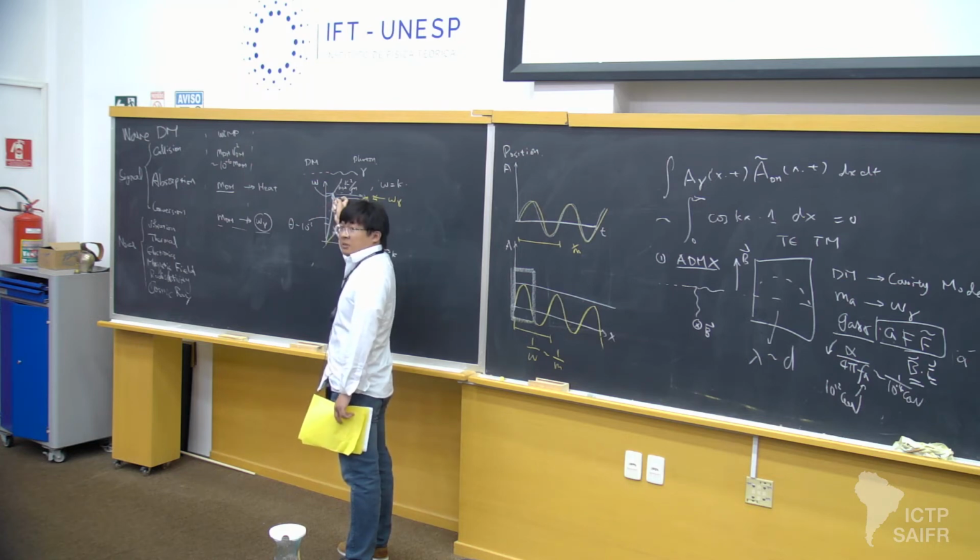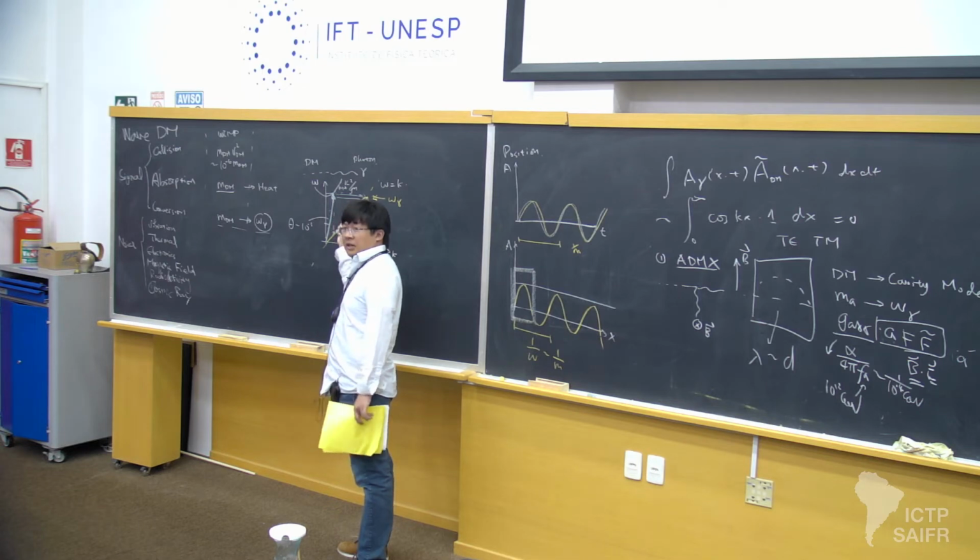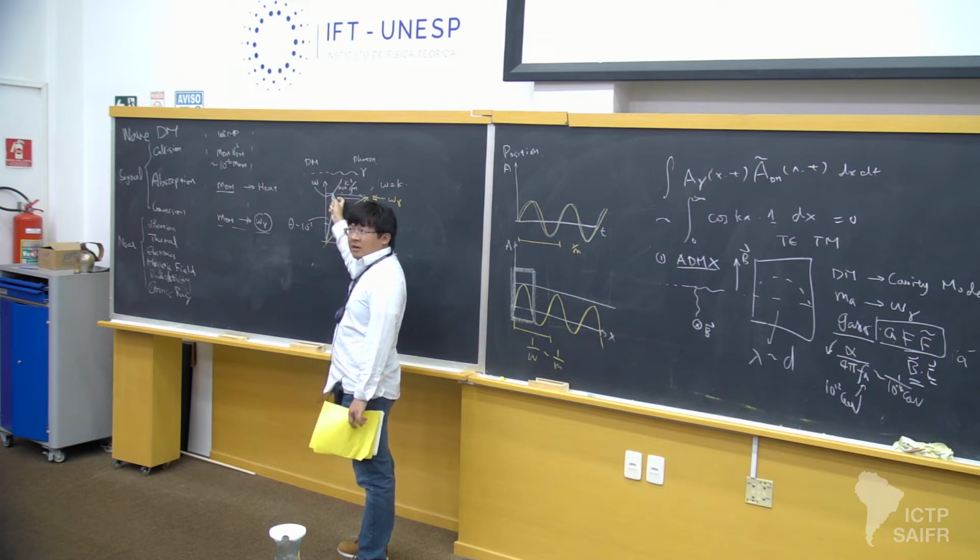If something can supply some momentum to the system, then I'm done. Then I can really convert the dark matter to a photon at the same frequency. I need something to give me a momentum kick, right? So what can give me a momentum kick?